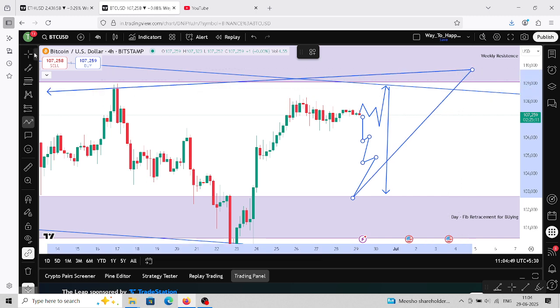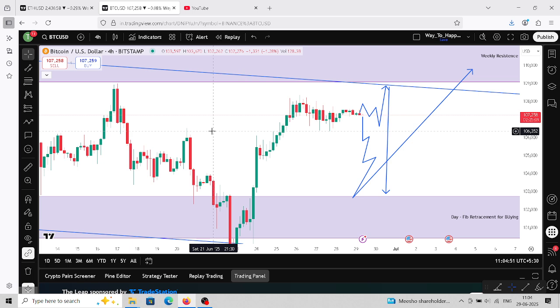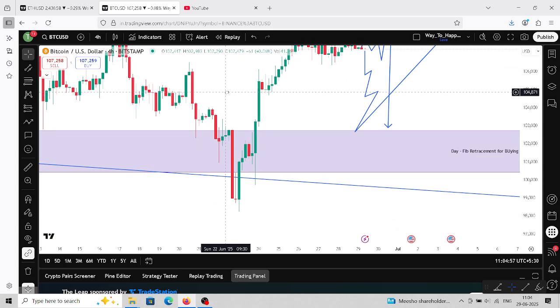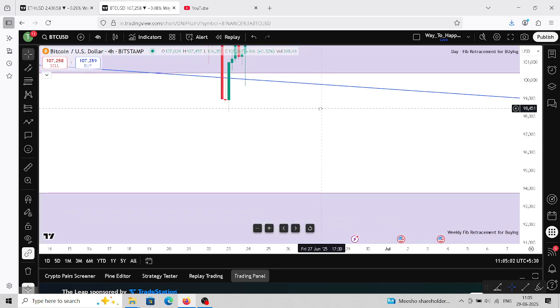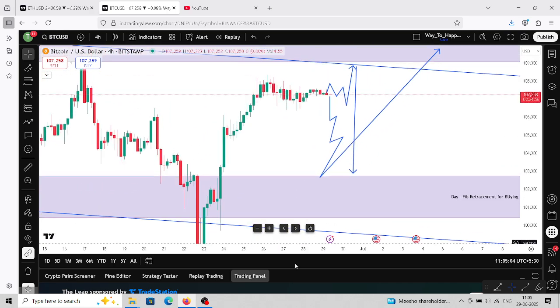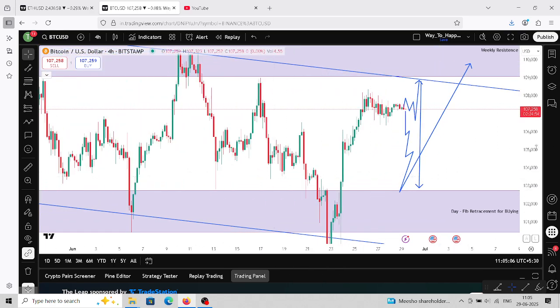Now, because of the war time and some crazy statements coming from Trump, if it crosses this area, then we are ready for a fib retracement here also. So this is the weekly analysis, guys.